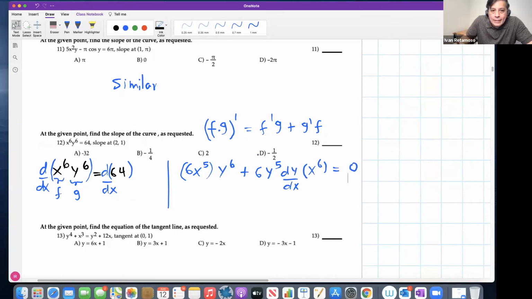0. Now, I need the slope, not in general, right? Not in general. At a particular value of x, at a particular value of y. So take advantage of that, guys. I said, right? If they're giving you x and y, substitute directly here. So 6 times 2 to the 5th, y to the 6, 1 to the 6th power, plus 6, y is 1, 1 to the 5th power.